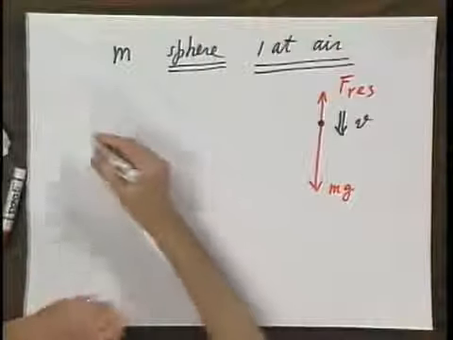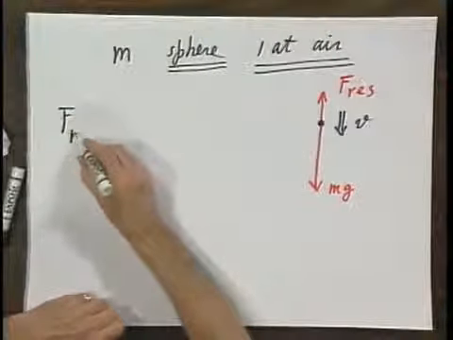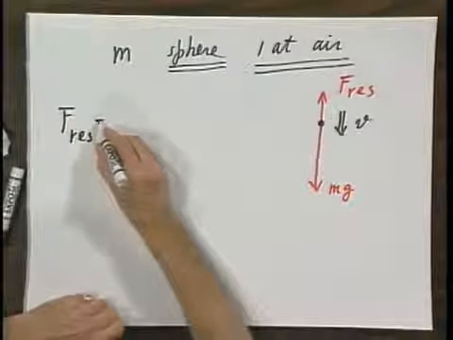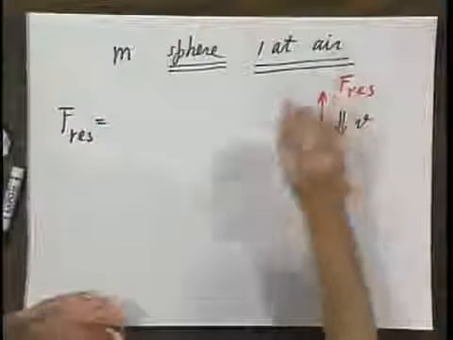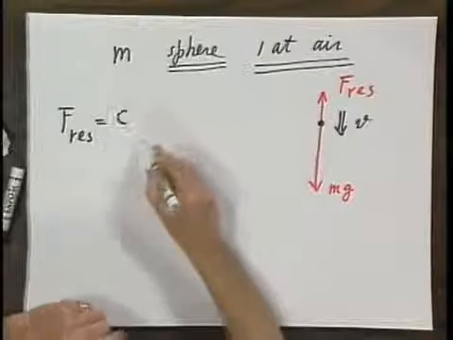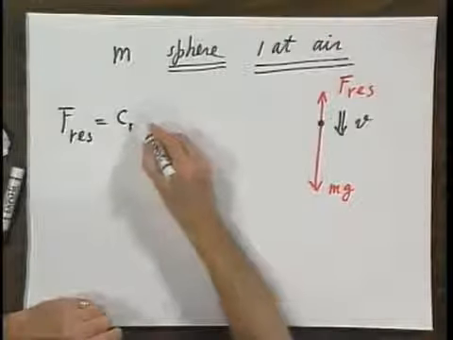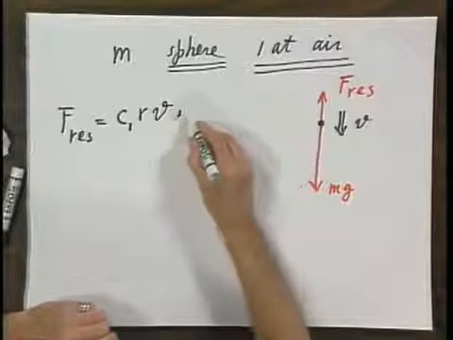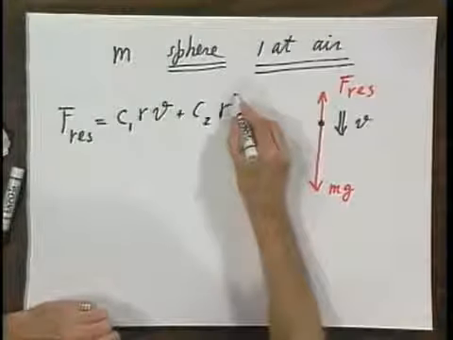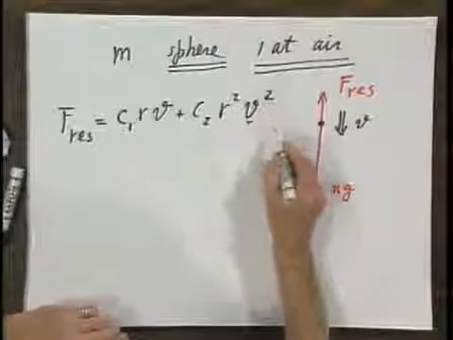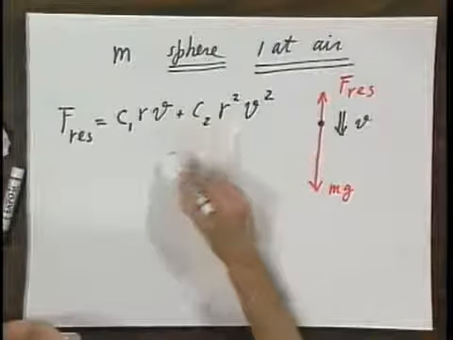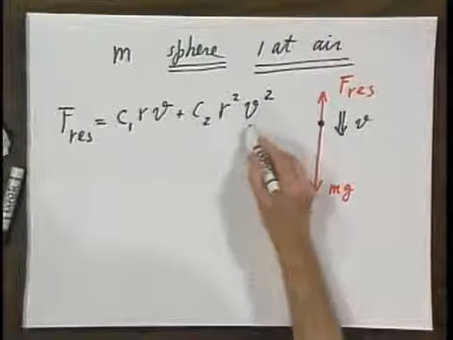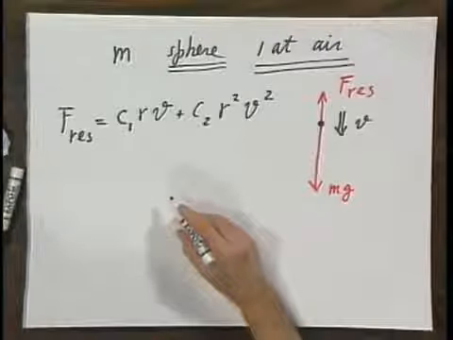The magnitude of the resistive force, it is upwards. That resistive force for a sphere equals c1 r times v, which is this speed, plus c2 r squared times v squared. It has one term linear in v and one term which is proportional to v squared.